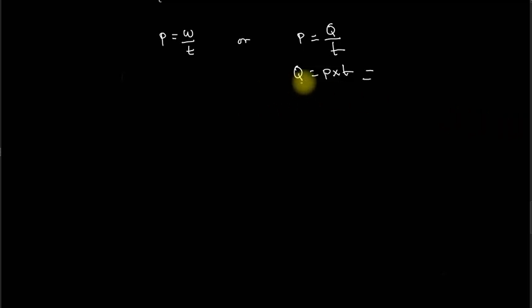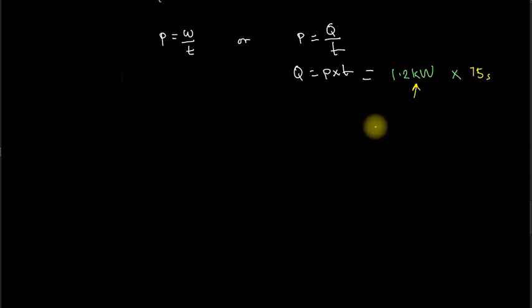So first of all, let's find what the energy supplied is. They said 1.2 kilowatts, times time for how many seconds? 75 seconds. So multiply by 75 seconds. Kilo means 1000.